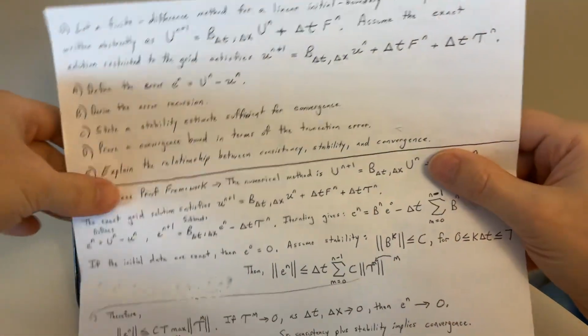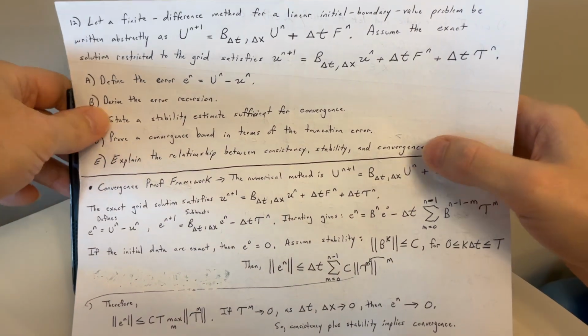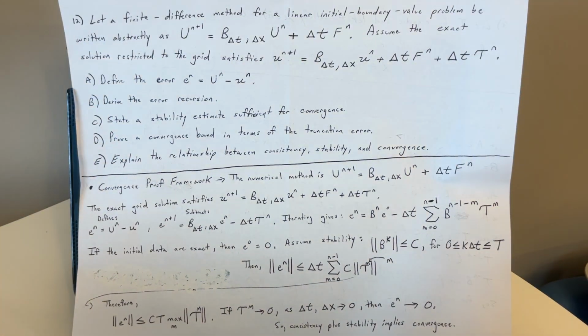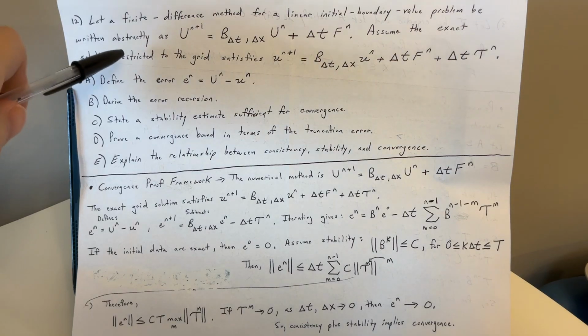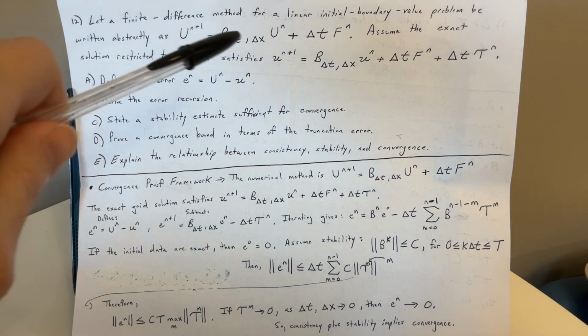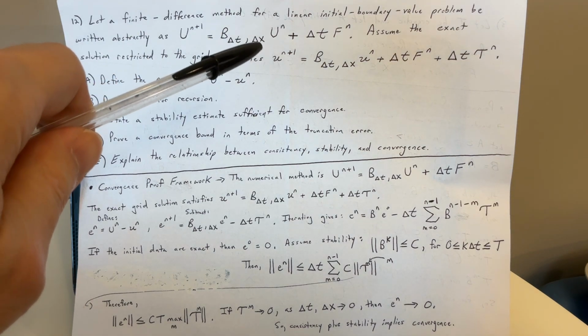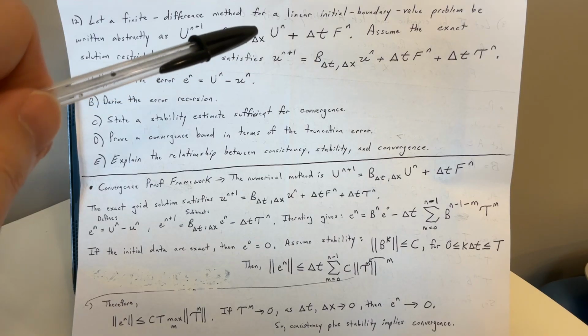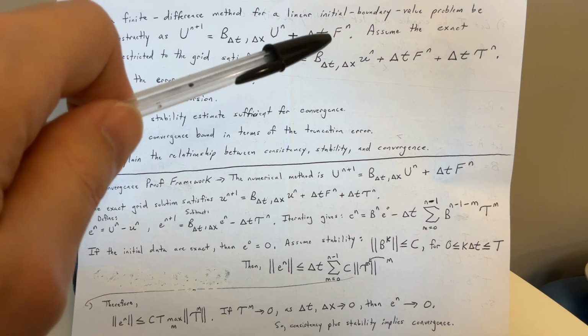Moving along to number 12. Let a finite difference method for a linear initial boundary value problem be written abstractly as u^{n+1} = B_{Δt,Δx} u^n + Δt f^n.